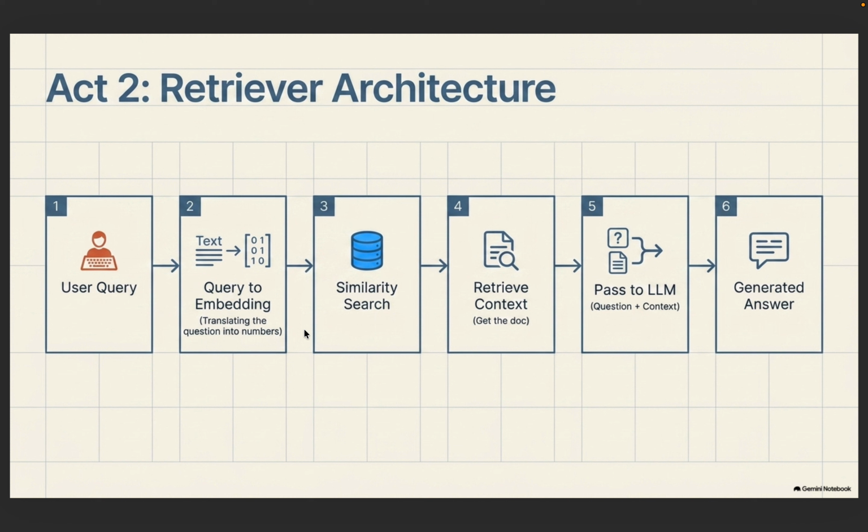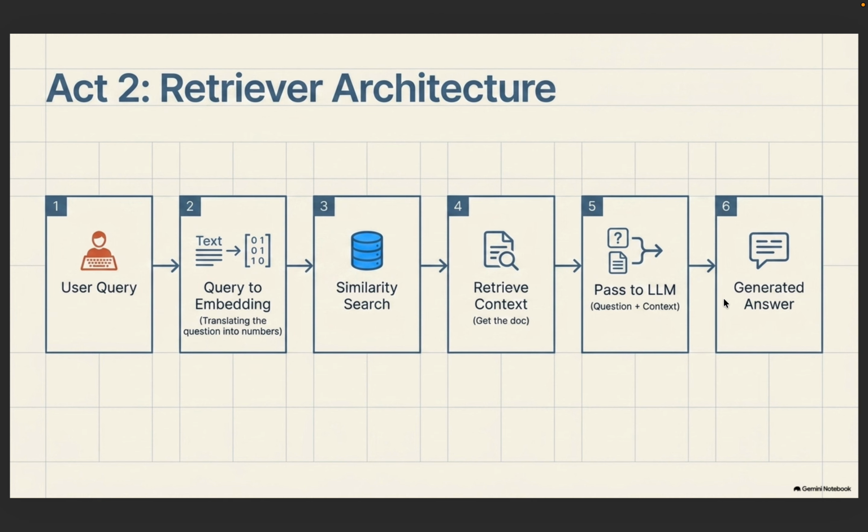Then we will use similarity search algorithms like cosine similarity to retrieve similar content from the database. Maybe we will select 3 or 4 chunks from the database that talk about the 2025 company profit. Then we will pass this to the LLM, and the LLM will generate the answer. So this is a simple retriever architecture.